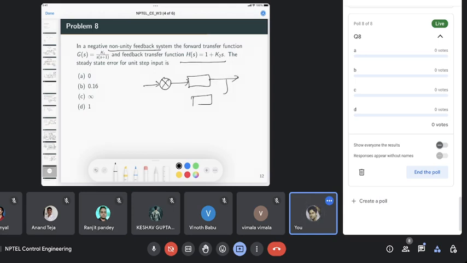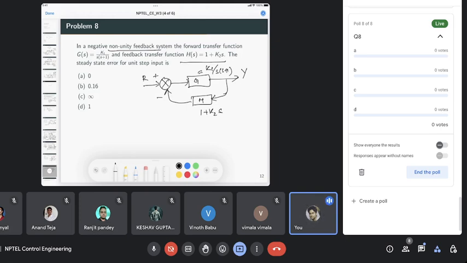You have some input R, output Y. G(s) is K1 by s times (s plus 1), and H(s) is 1 plus K2 s, with negative feedback, as mentioned.